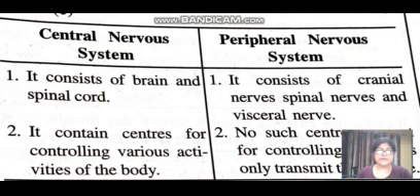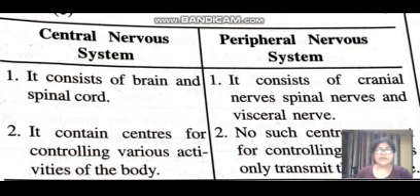Now the central nervous system contains centers for controlling various activities of the body. That means all the activities which are done in the body are first responded to and stimulated by the body for different actions, and then they are all controlled with the help of the central nervous system. And here there are no such centers for controlling the activities, it is only transmitting the information to the brain.